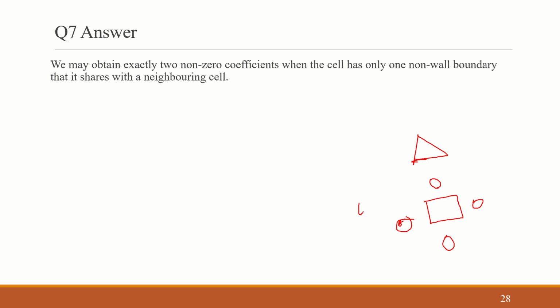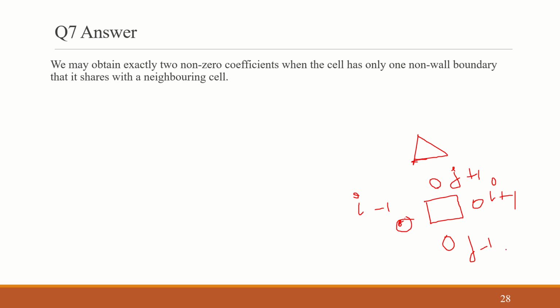So i minus 1, and this is j plus 1, and this is j minus 1, and this is i plus 1. Apologies for the poor writing, but I hope it is clear to you.